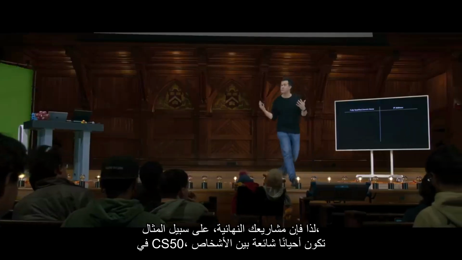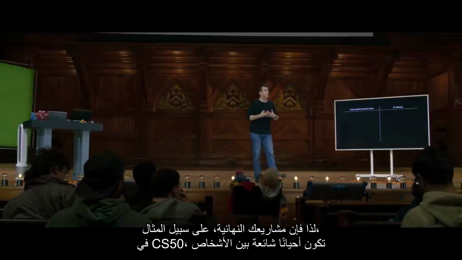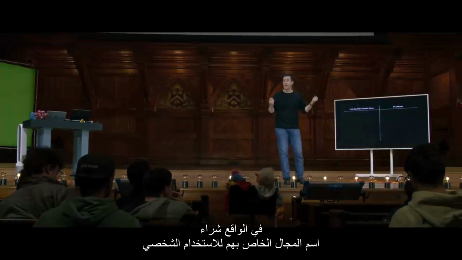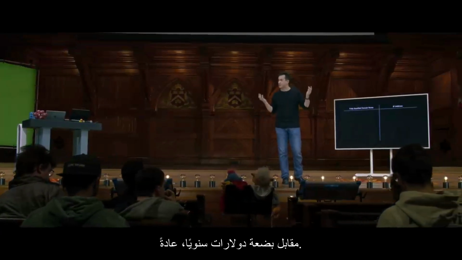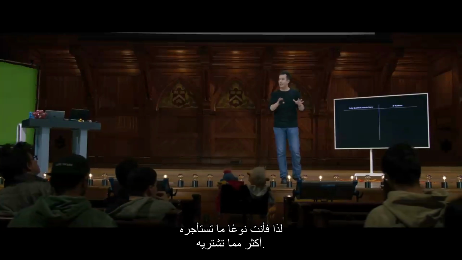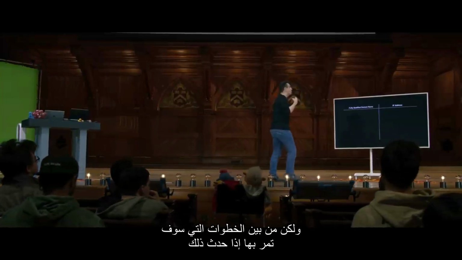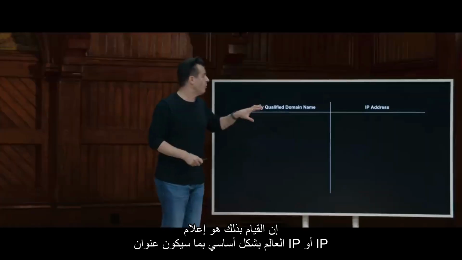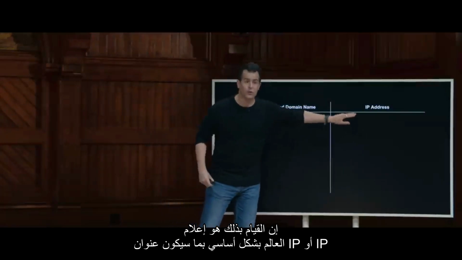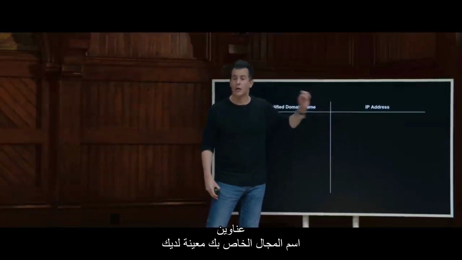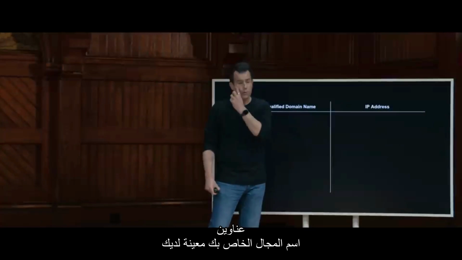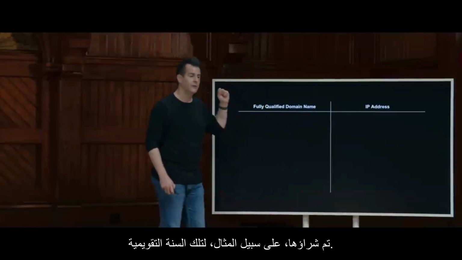So for your final projects, for instance, in CS50, it's sometimes common for folks to buy for personal use their own domain name for a few dollars a year typically. So you're sort of renting it more than you're buying it. But among the steps you'll go through if you ever do that is to essentially inform the world what will be the IP address or IP addresses of your particular domain name that you've bought for, say, that calendar year.